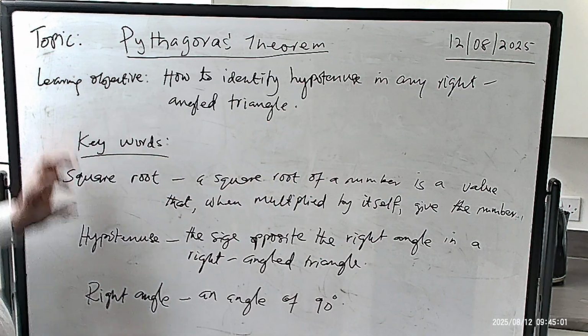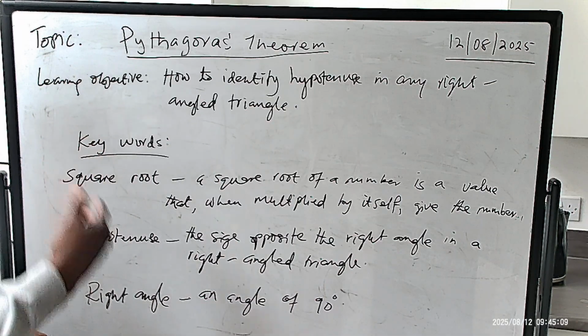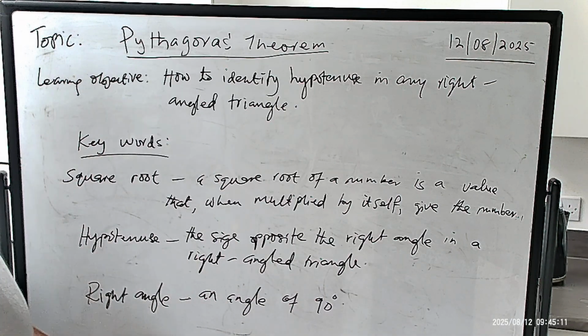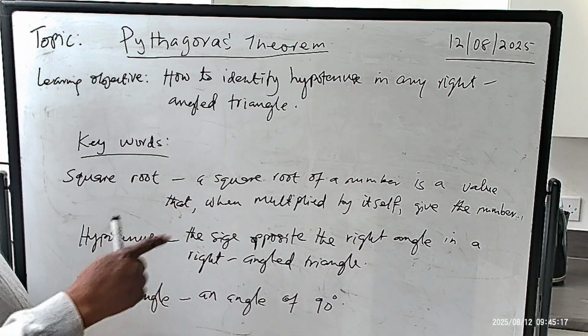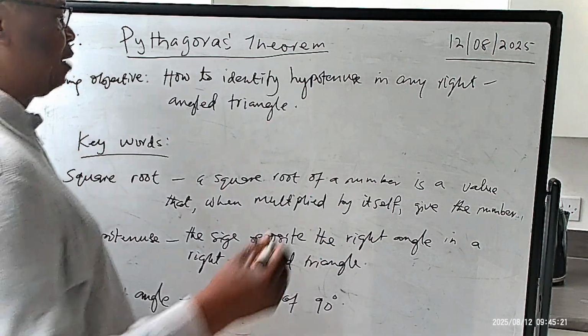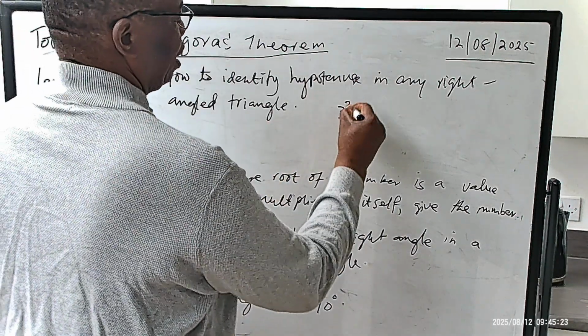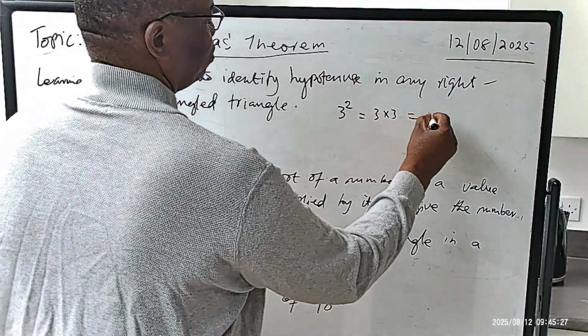Okay, the keyword we need to know today is square root. If you have been following my video, you discover that we have been talking about square root. What is a square root? A square root of a number is a value that, when multiplied by itself, gives the number. For example, if I say 3 square, it means 3 times 3, which will give us 9.